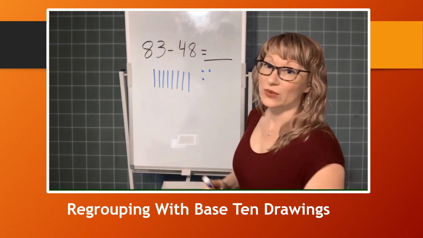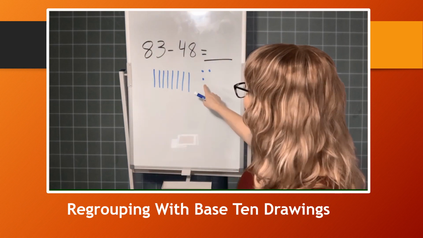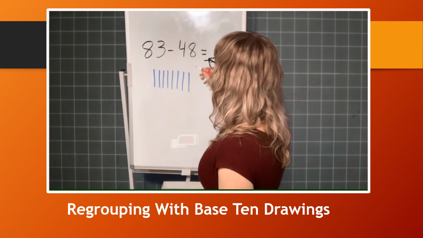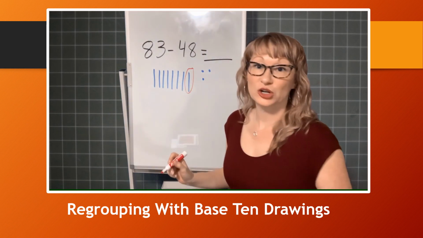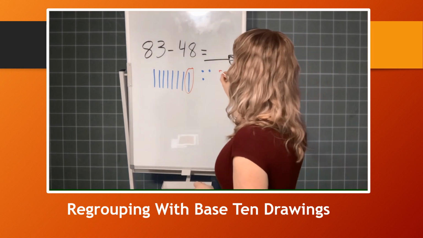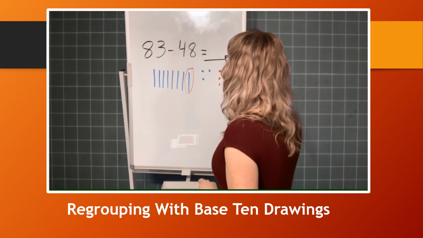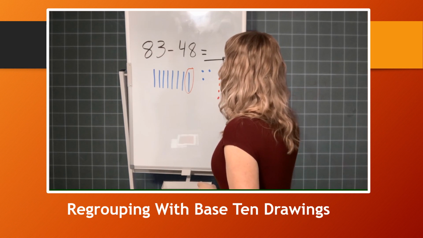And again, here we have a problem with the ones. We can't take 8 ones away from 3 ones. So we have to do some regrouping. We're going to take one of these 10s and turn it into 10 ones: 1, 2, 3, 4, 5, 6, 7, 8, 9, 10.